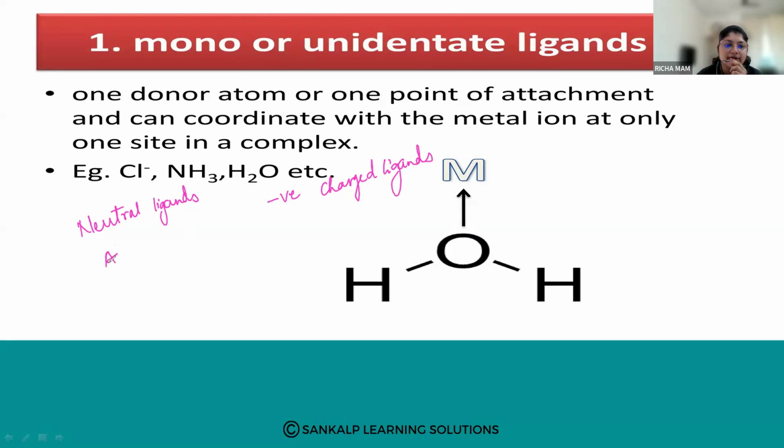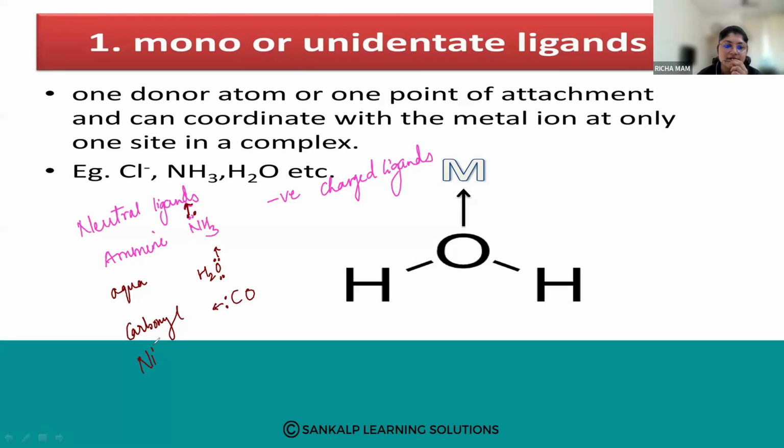The neutral ligands are amine, NH3, where nitrogen gets attached, so it is the donor atom. Then aqua, H2O, where oxygen is the donor atom. Then carbonyl, CO, where carbon is the donor atom.